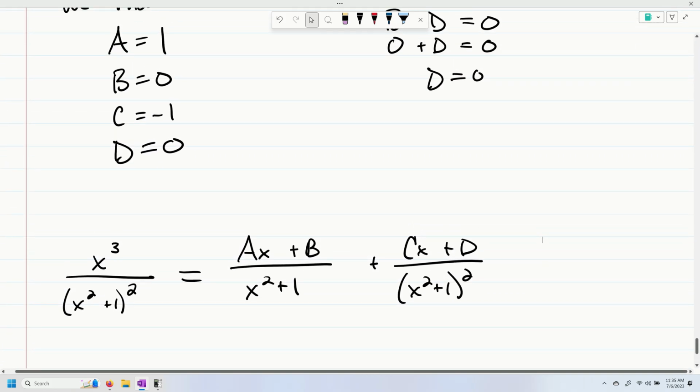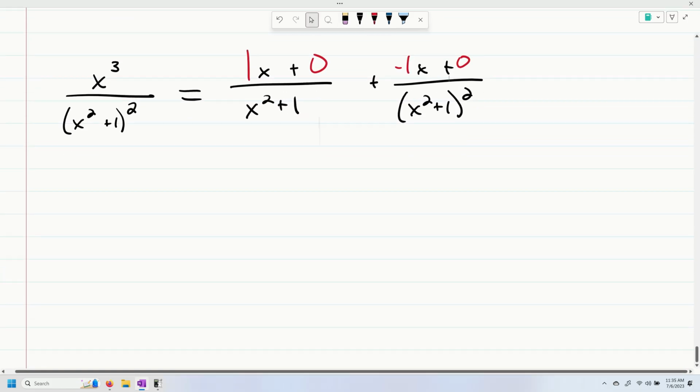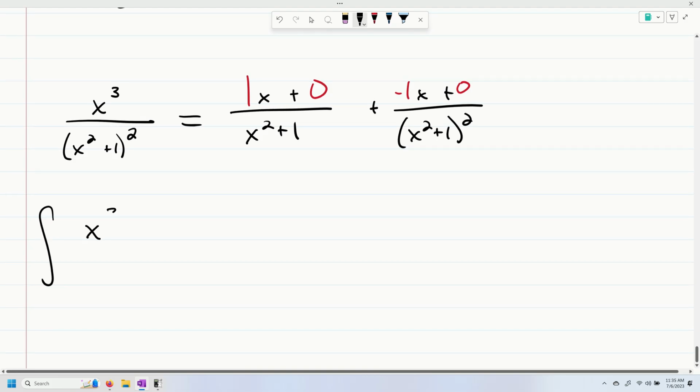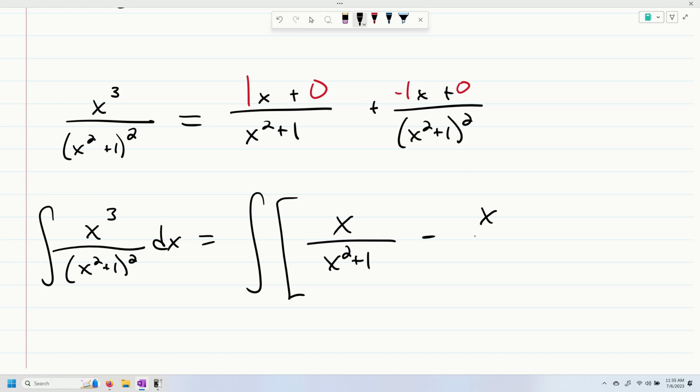I'm so happy. So, just going in and substituting, a is 1, b is 0, c is -1, and d is 0. Which means I can really simplify this by saying the integral of x to the third over the quantity x squared plus 1 to the second power dx is equal to the integral of x over x squared plus 1 minus x over the quantity x squared plus 1 to the second power dx.